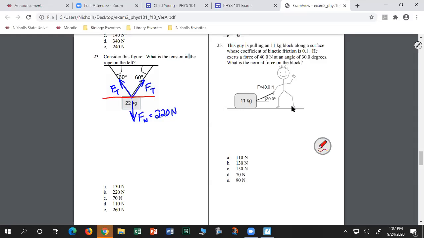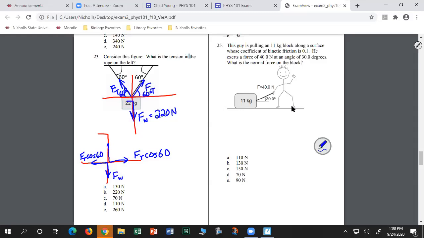Now, my coordinate system looks like this. These angles right here are both 60 degrees. The next step would be to resolve the forces onto their x and y axes. So I have Fw, and I have Ft cosine 60, Ft cosine 60.